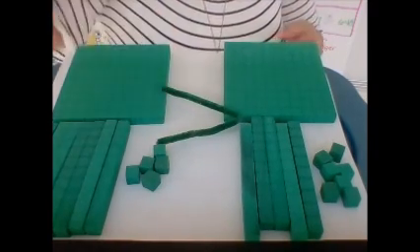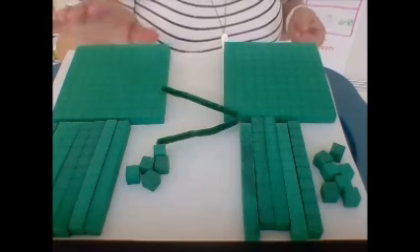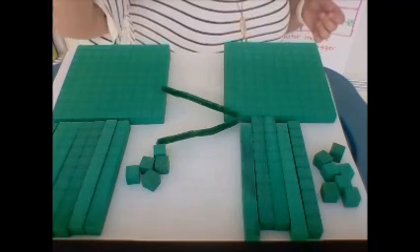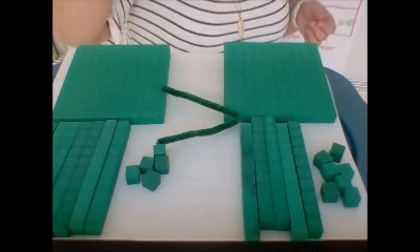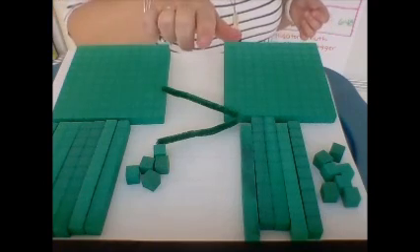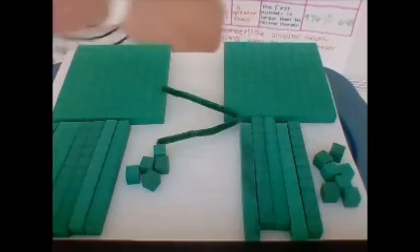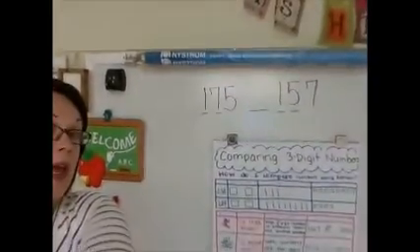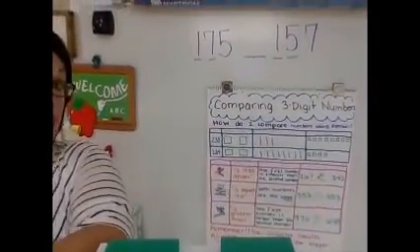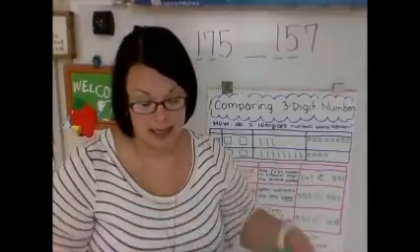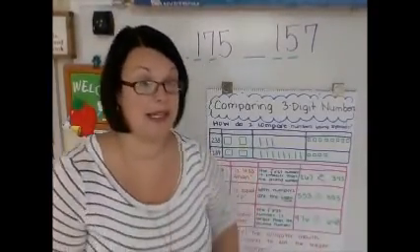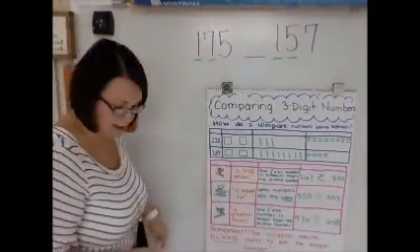I can't even quite fit that in there, but we're going to try and make it work. So when you read the whole number sentence together, it would be 175 is greater than 157. You just have to make sure that you're careful when you are quickly glancing at numbers, so that you don't just see the same digits and think the numbers are automatically the same.